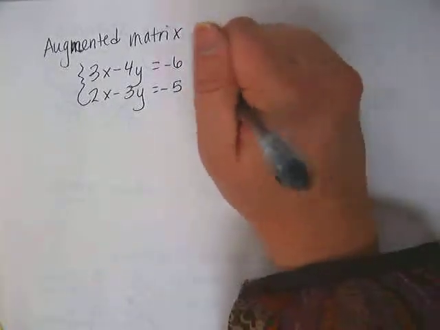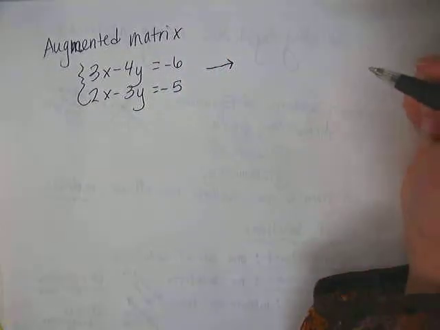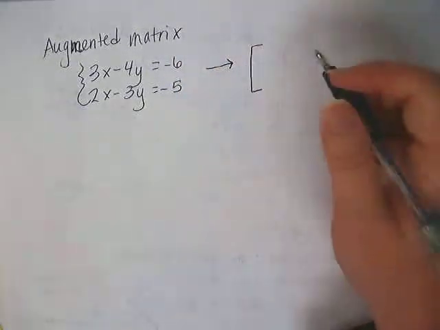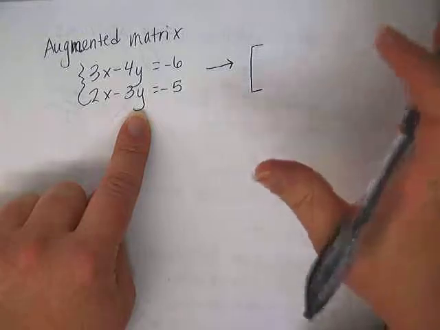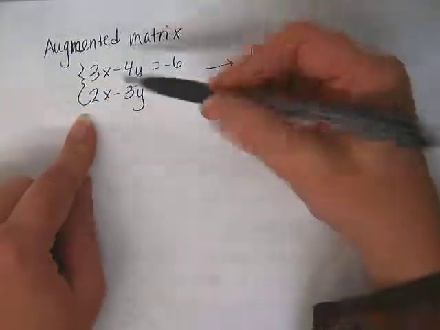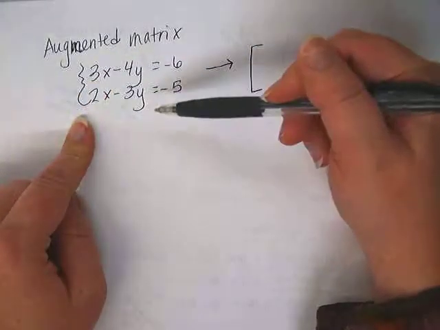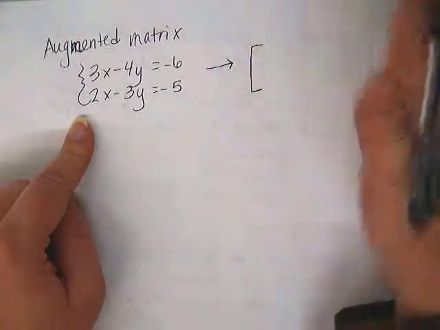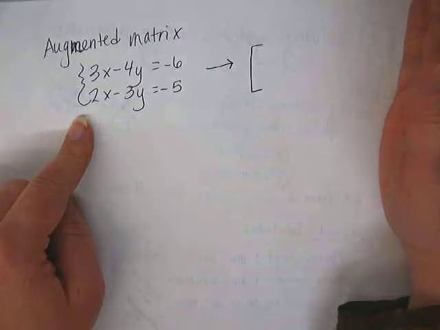If we want to create an augmented matrix from that system of equations, we are going to just take the numbers and leave the variables off. So make sure your x's are lined up, your y's are lined up, and the other numbers are lined up, because which column they're in tells us which variable they are.